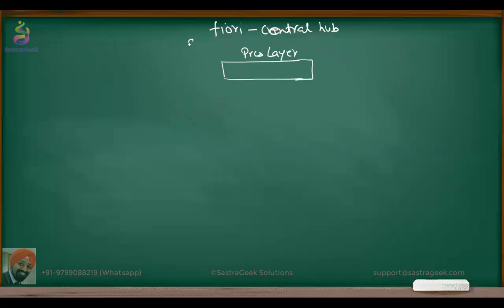Earlier, for a user accessing this presentation layer, it was GUI, right? Now the presentation layer for the usage of Fiori would be a web browser, or it can also be mobile applications. That would be the presentation layer for a user.